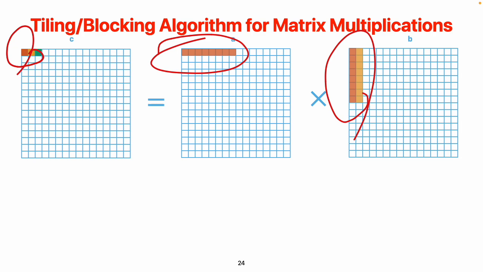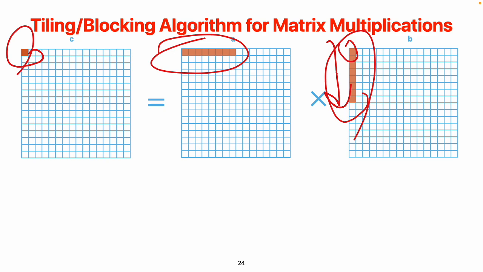The first time I only need to access 8 elements in a row and 8 elements in a column. Even though each element would occupy a separate block, if I only access 8 of them, I'm only using 8 blocks, so that perfectly fits into my cache size.